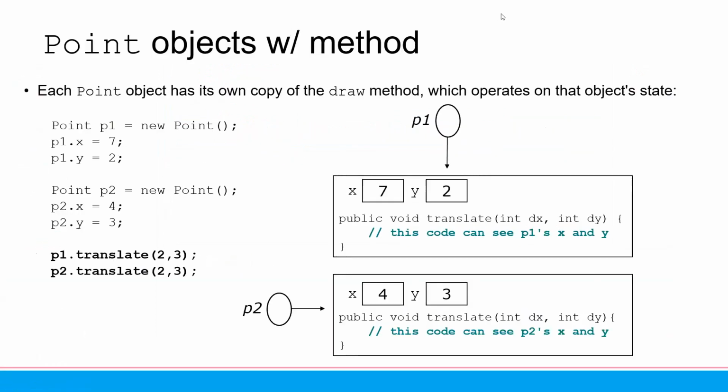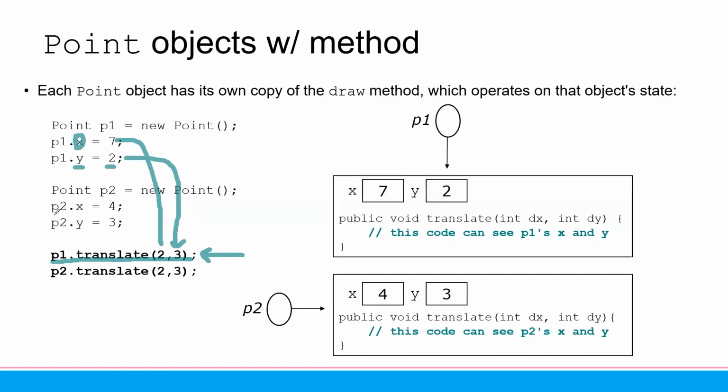If I run this, it means the current x, which is 7, will be added by 2. I have y, which is 2. So if I do this statement, 2 will be added by 3.